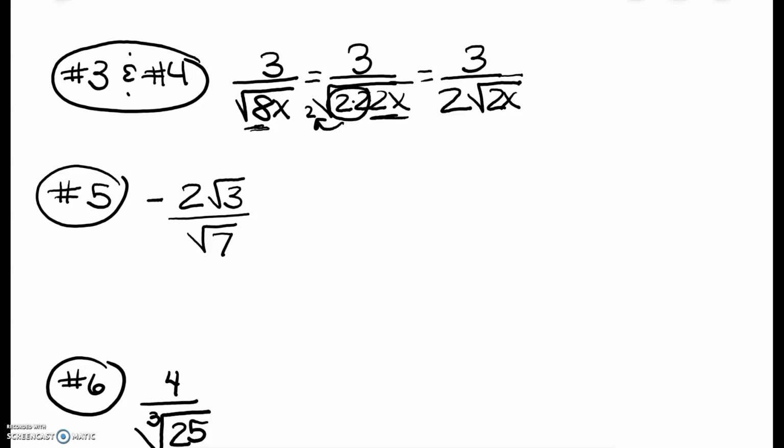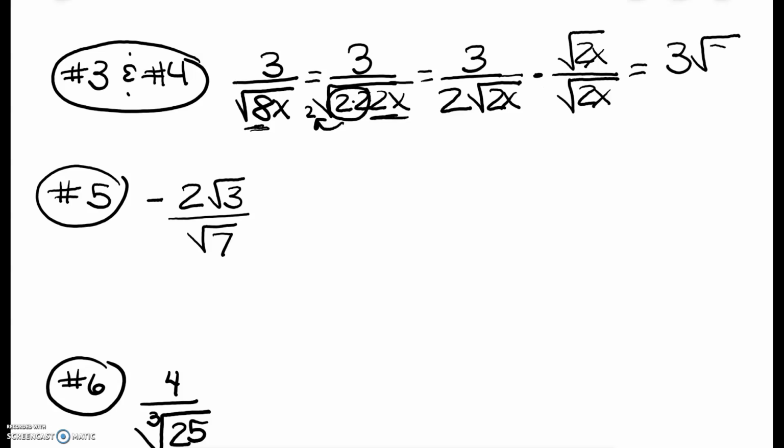So I still need groups of 2. I need another 2 in my radical and another x in my radical, or else this radical will not simplify. So I'm going to multiply, because we're looking for groups of 2. To get another 2 and another x, I need to multiply by the square root of 2x.